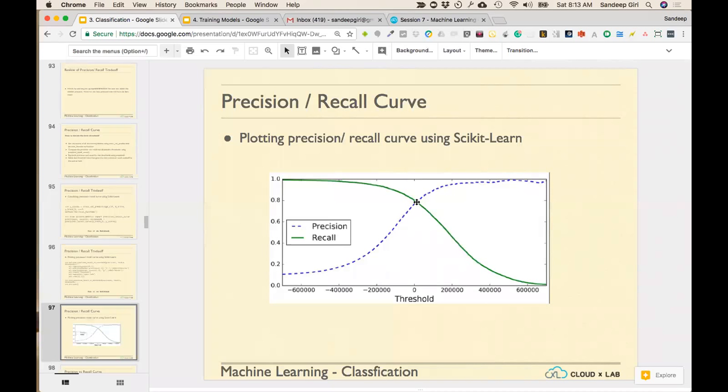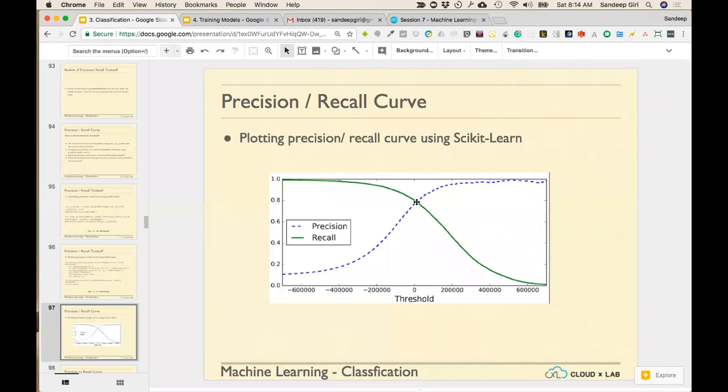F1 score indicates that recall and precision both are good. When we say that we want to maximize F1 score, when we say that our criteria is F1 score, we are saying that we want both precision and recall to be the best.